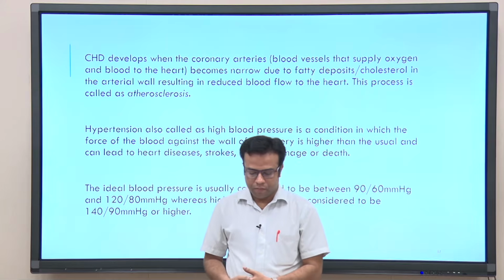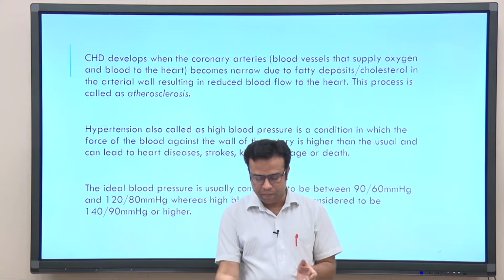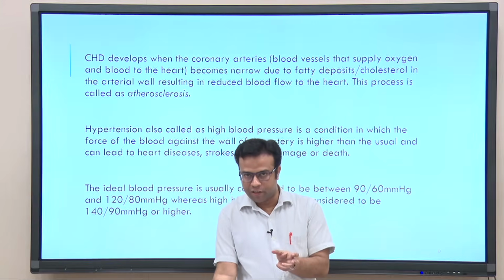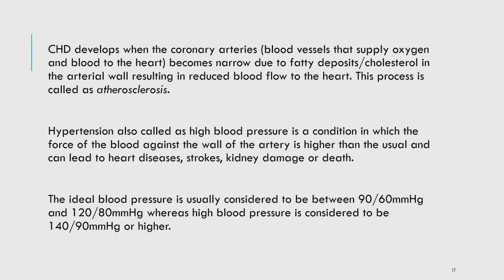For example, the ideal or normal blood pressure is considered to be between 90 by 60 mmHg, which means millimeter of mercury. This is the unit of measuring blood pressure. So, 90 by 60 to 120 by 80 mmHg is the normal range of blood pressure.